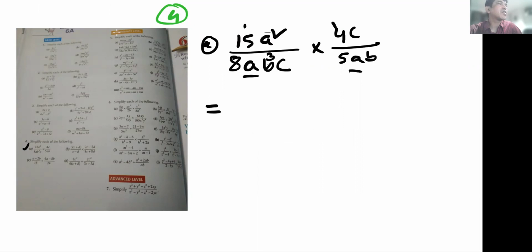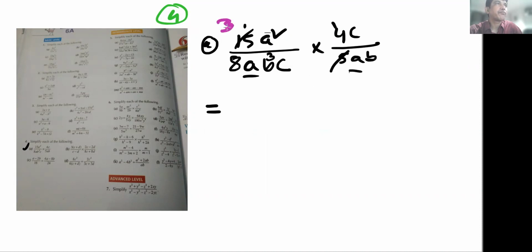For any fraction multiplication, you have learned earlier that the numerator will multiply with the numerator, and the denominator will multiply with the denominator. So let's start. We have 15 here. Let's check, can anything divide 15? 5 can, and that will be 3.